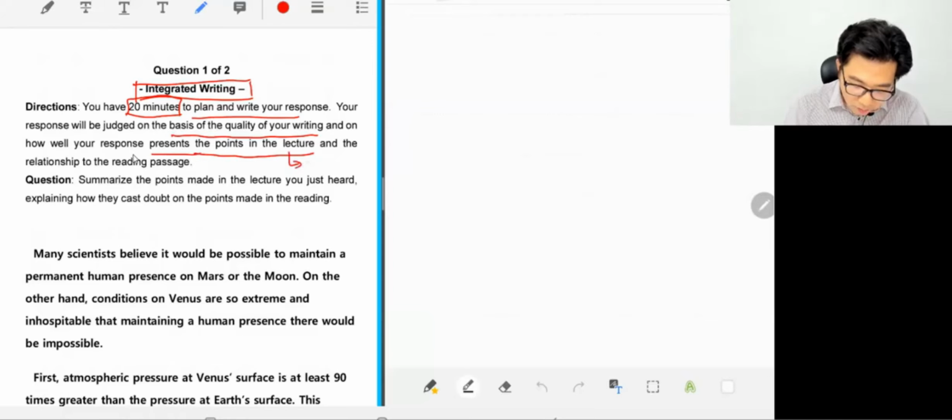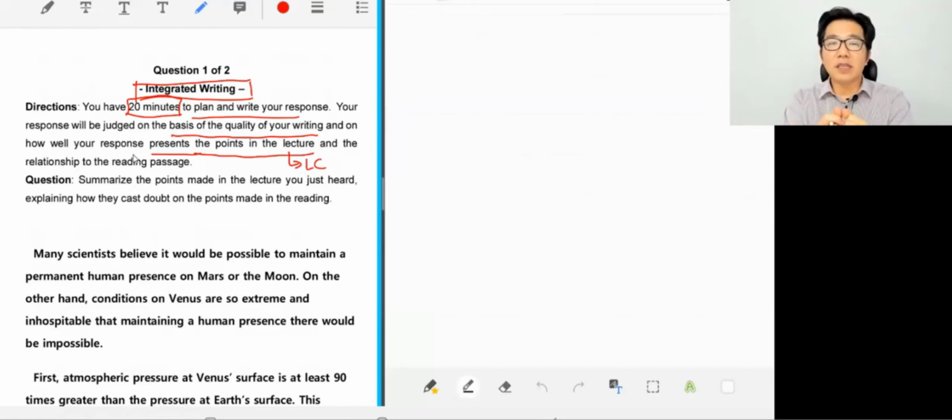So the lecture comes from the listening passage. So more important, the subject of this task and the essay we write should be the listening passage, okay? And how the listening passage's summary relates to the reading passage.